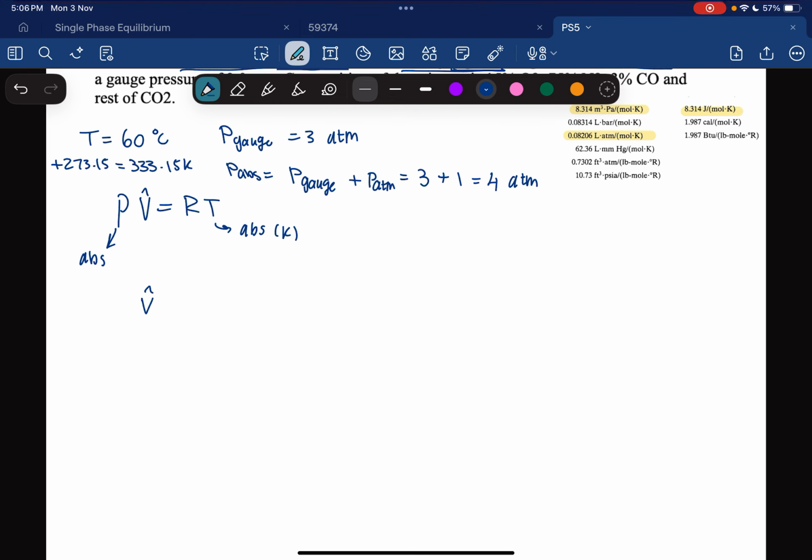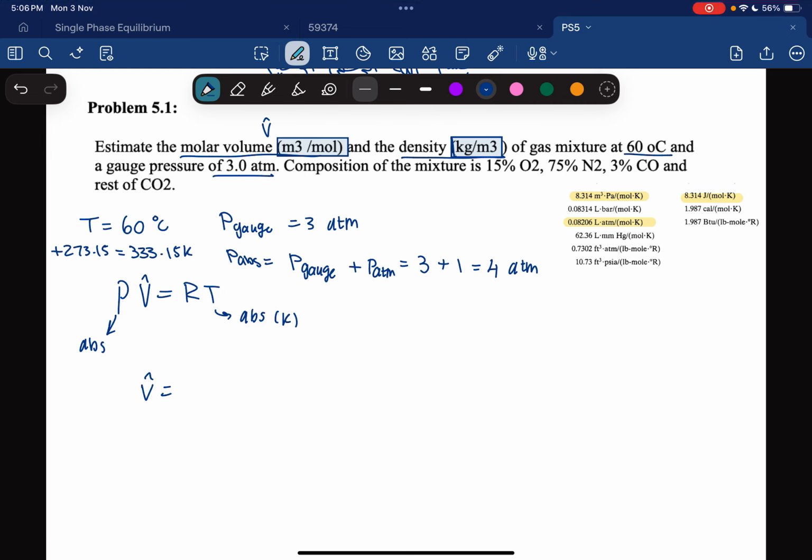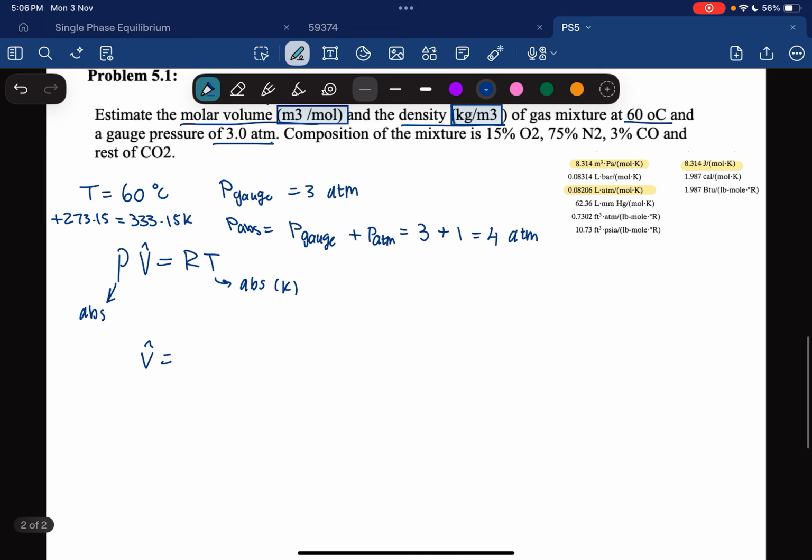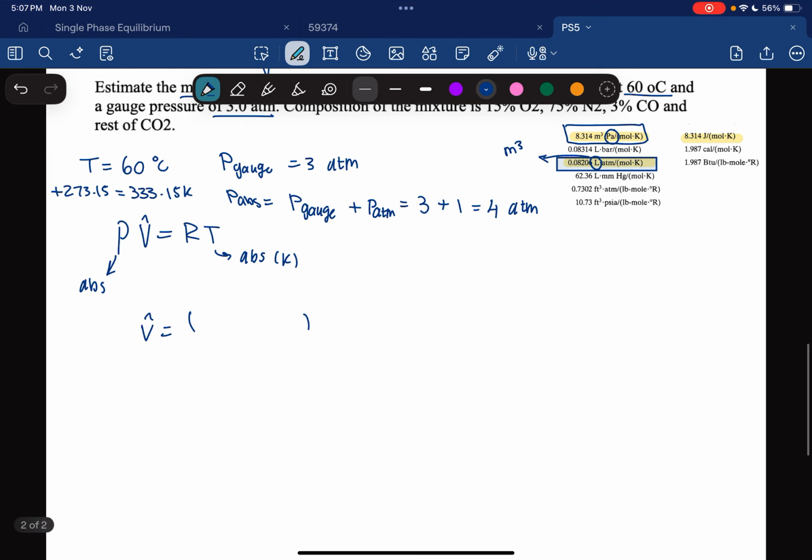There is one thing though, we have to pay attention to the unit of R. Now you can use this value of R. Here I have put for you the values of R. You can use this value, but we will need to convert the liter to meters cubed, or you can use this value of R but convert your pressure to Pascal so that your equation is homogeneous.